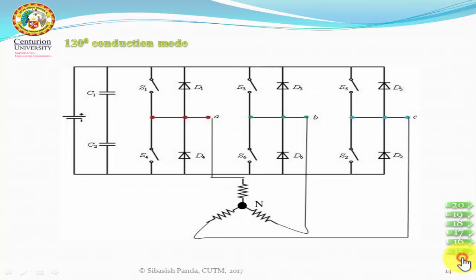Mode 5, 4, 5. So with 4, A is connected to the negative, and with 5, C is connected to the positive.